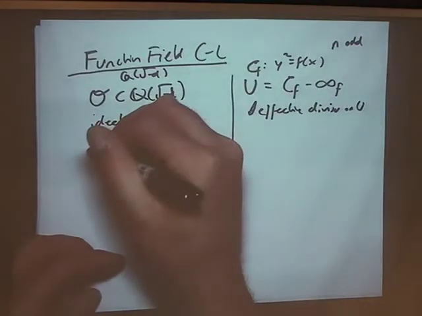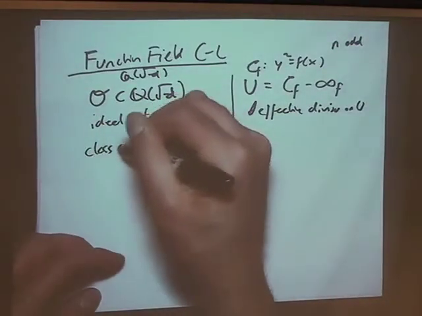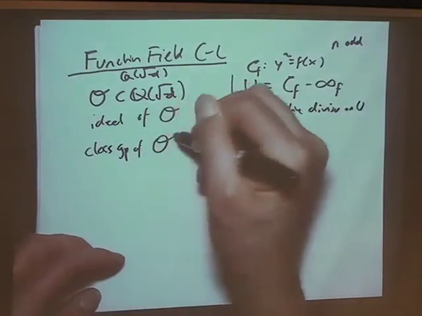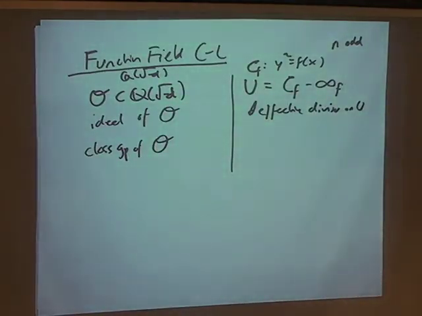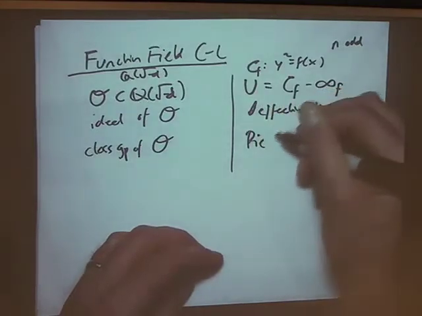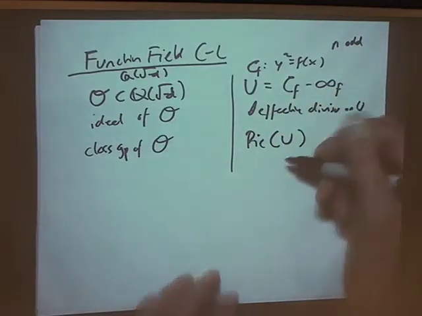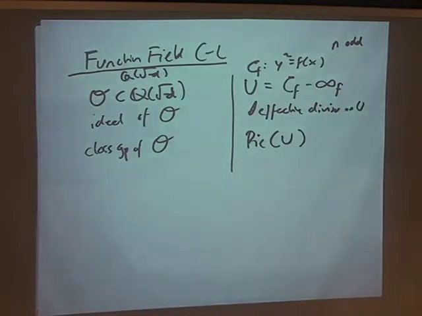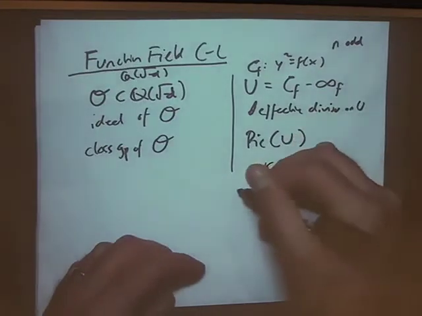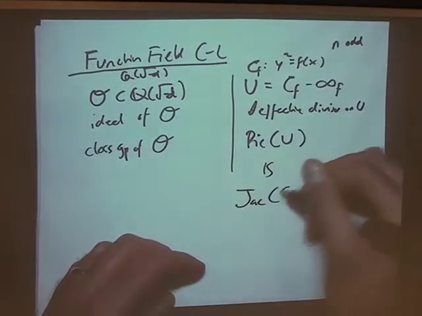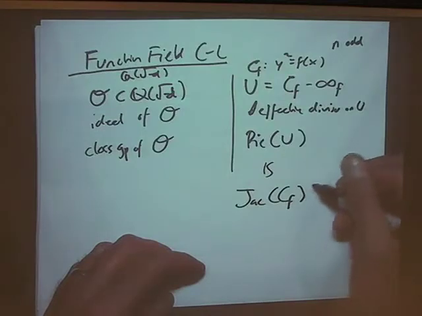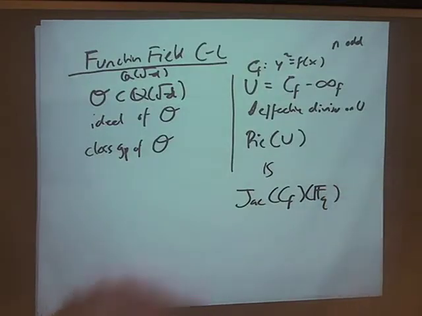And so when we study the class group, you might say that this is like the Picard group of U, but it turns out that because you have just this one point at infinity, this is identified with the Jacobian of the actual curve itself, or rather, its F_q points.